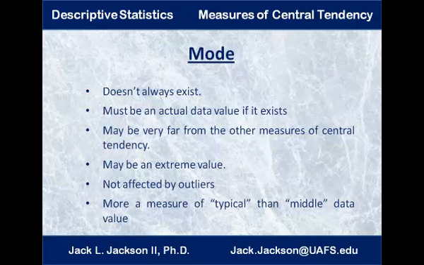So unless the mode is one of the extreme values, moving one of the extreme values is not going to affect the mode. And since it could be very near one end or the other, I think it's probably more accurate to call this a measure of typical than middle, but we still classify this as a measure of central tendency.